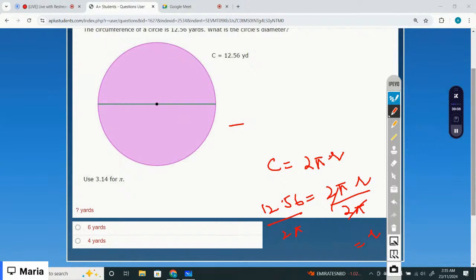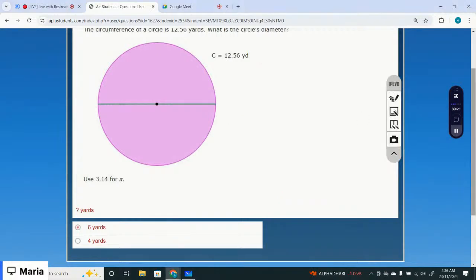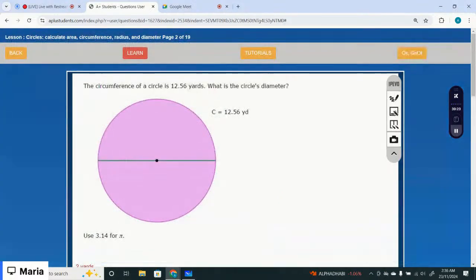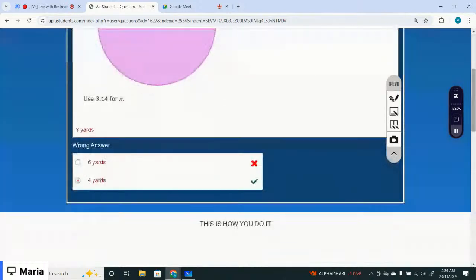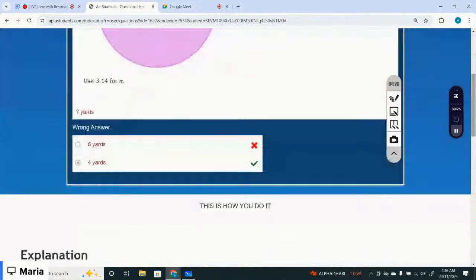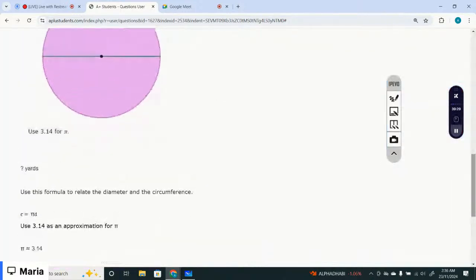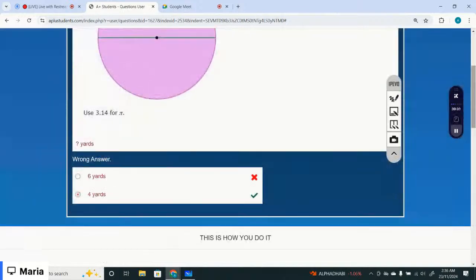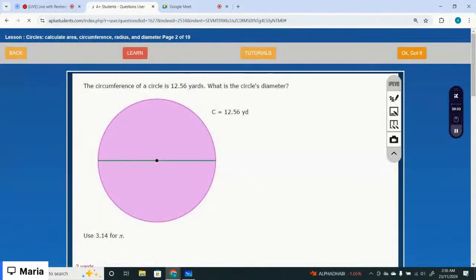So 2 times 3.14, 12.56 divided by 6.28. That is 2. Hmm, let's just see what's wrong with the solution. Hold on. Oh, it is pi d, it is not 2 pi. That is 4 yards. Okay, got it.